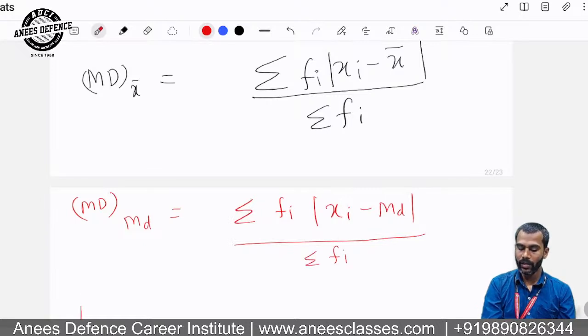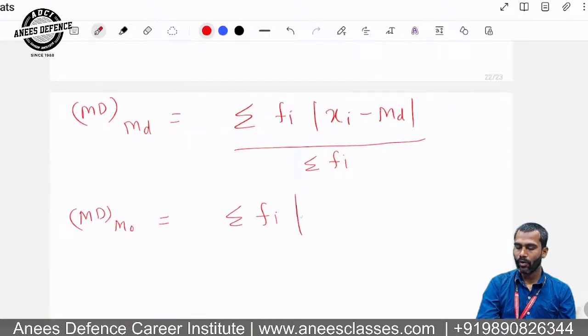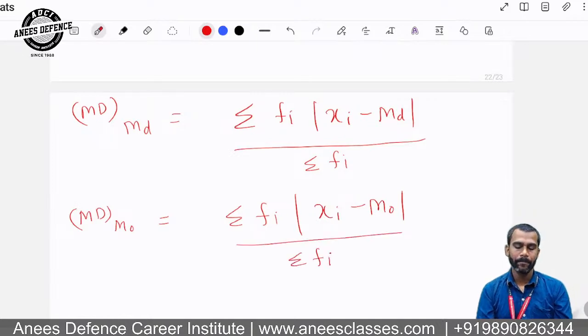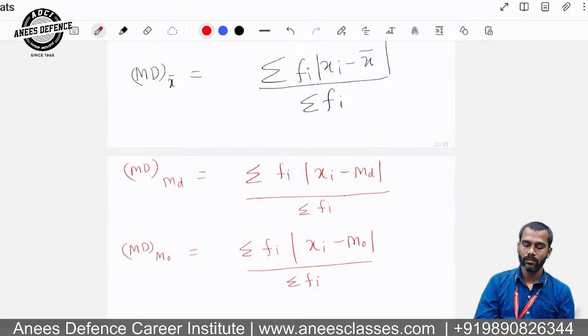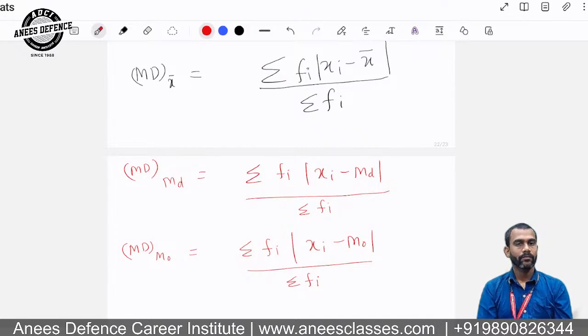Similarly, mean deviation about mode is summation fi into mod of xi minus mode, divided by summation fi. Is there any doubt? So this is the formula, I hope it is clear for grouped and for ungrouped.